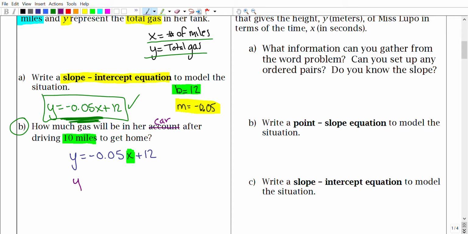So we get y equals negative 0.05 times, instead of an x, now I'm going to put a 10, plus 12. Okay, if we multiply that out, we get negative 0.5 plus 12, and then we get y equals 11.5, and this is in gallons of gas.